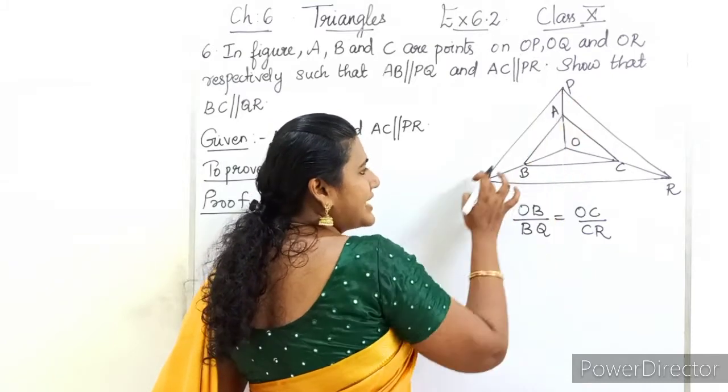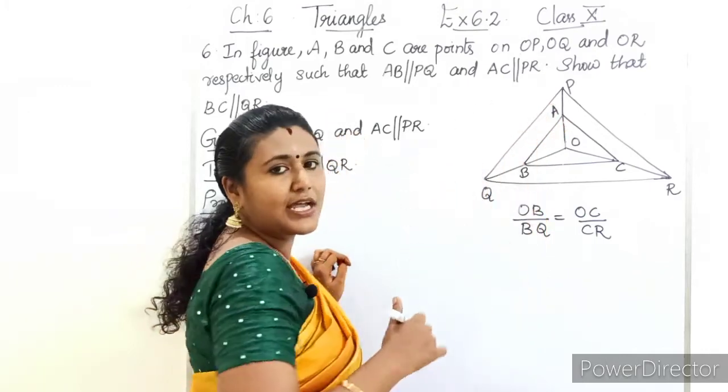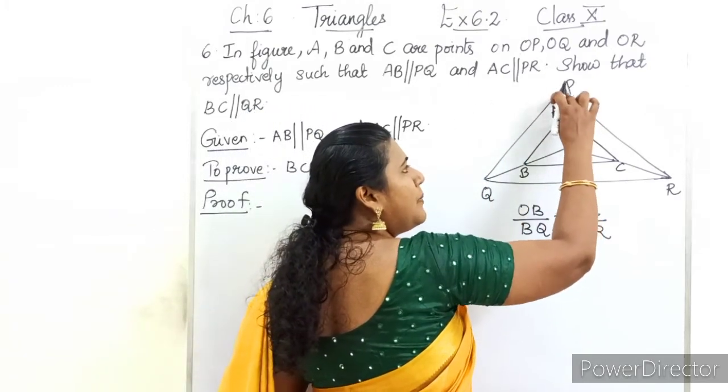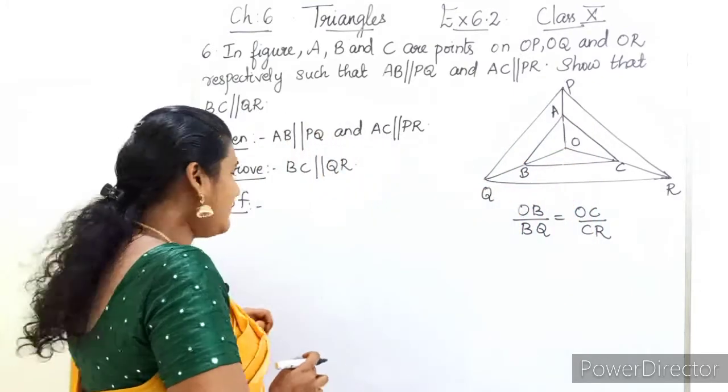This triangle we will consider, and since the line AB is parallel to PQ, we can use basic proportionality theorem. So we can write OA by AP is equal to OB by BQ. This condition we will get.